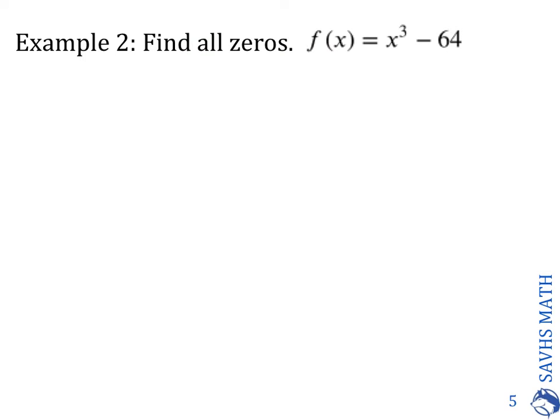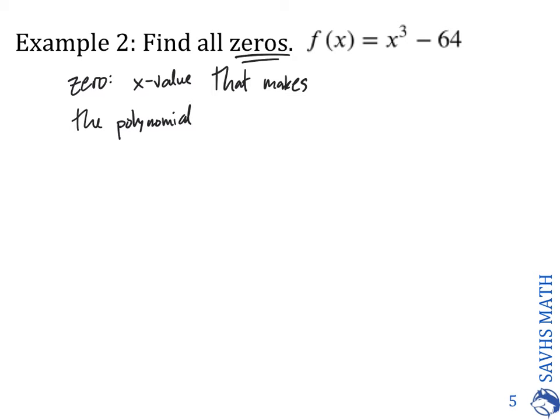I really just have 2 more example problems for you. I just wanted to show you the other 2 ways I might ask you to solve these problems. This one says find all zeros. A zero is an x value that makes the polynomial equal 0.